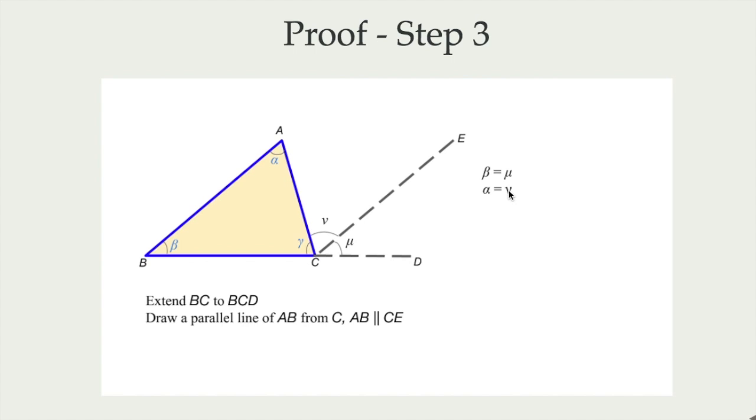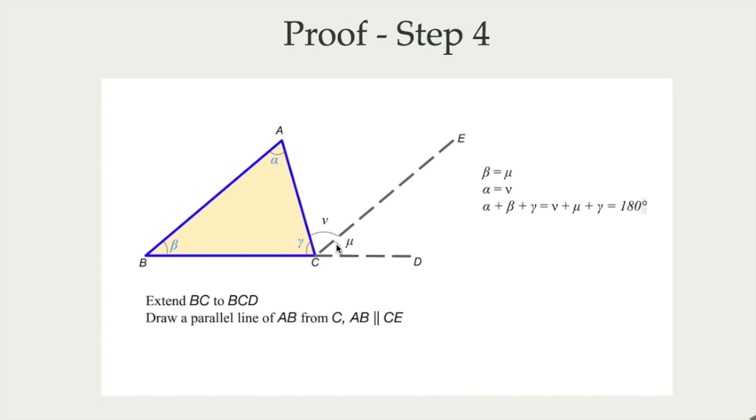But then in this case alpha, beta, gamma, since alpha equals nu and beta equals mu, and gamma of course is unchanged, these three angles here actually form the straight line. So BCD, the straight line here, we know that would be 180 degrees.